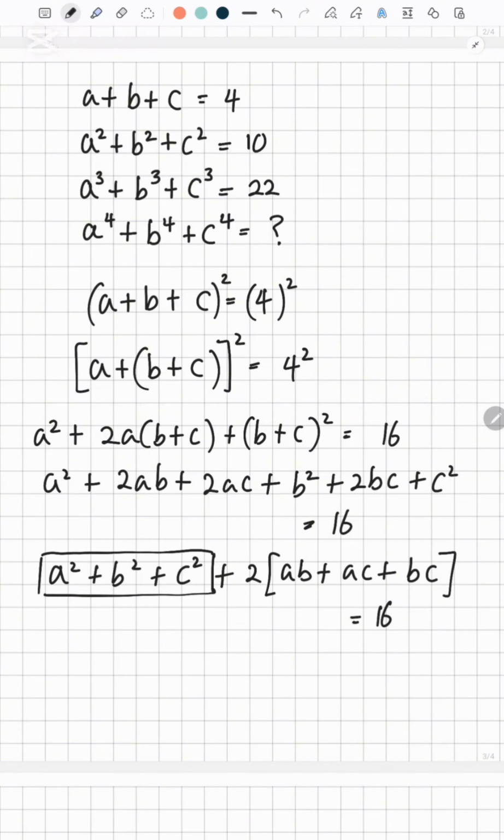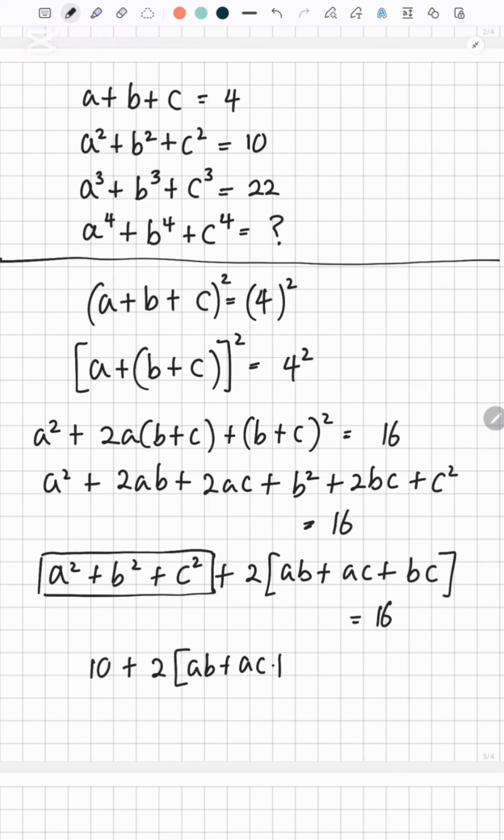Can you see you have a² + b² + c² here. Instead of that, you can put in 10, because we have it equals 10 in the previous one. So 10 + 2(ab + ac + bc) = 16.